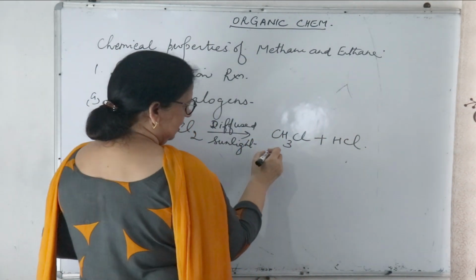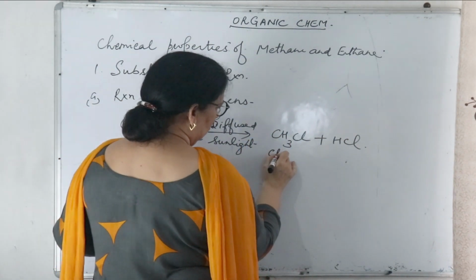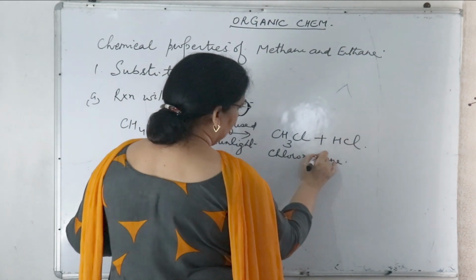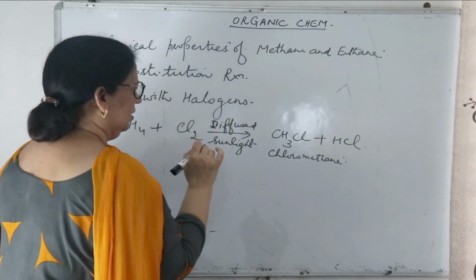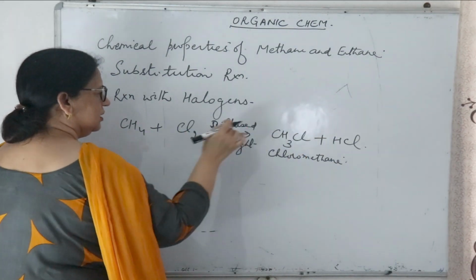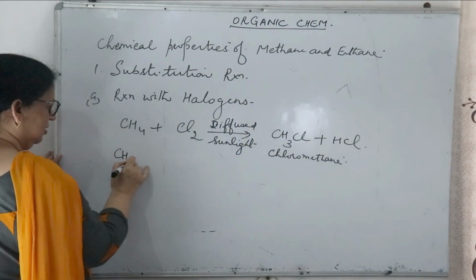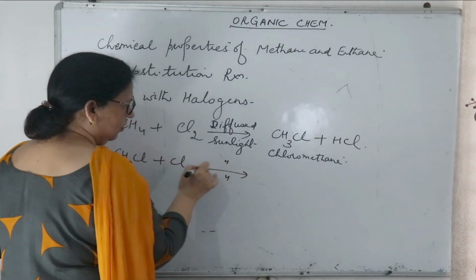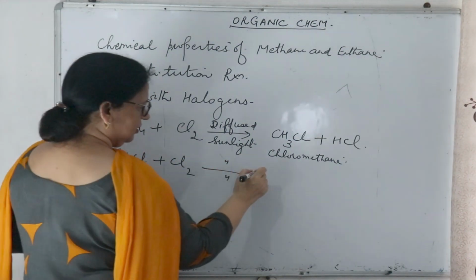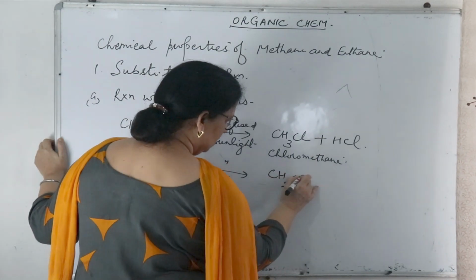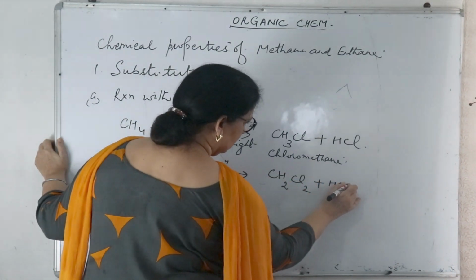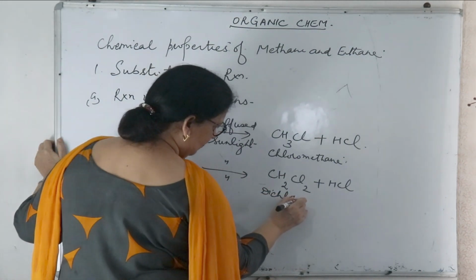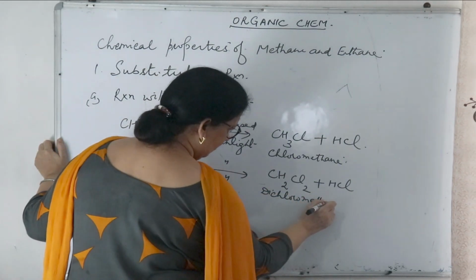This CH3Cl is called chloromethane or methyl chloride. Now this CH3Cl, again put chlorine into it in the presence of diffuse sunlight, and this will form CH2Cl2 plus HCl. This is called dichloromethane.